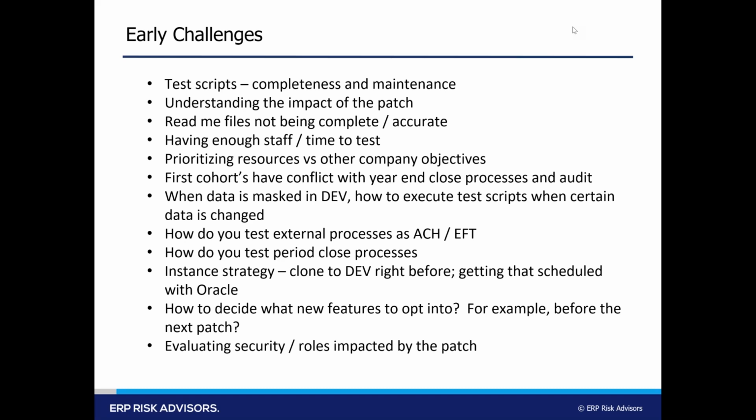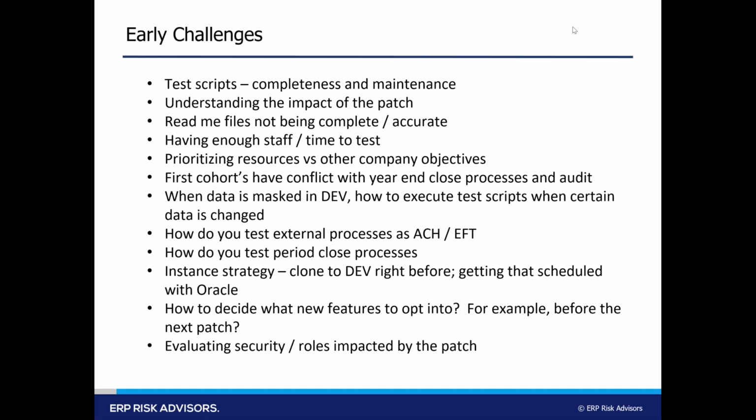There's this concept of cohorts. So you have an A, B, and a C cohort. The A cohort group gets their patch in the first month of the quarter, then the B in the second month, the C in the third month.